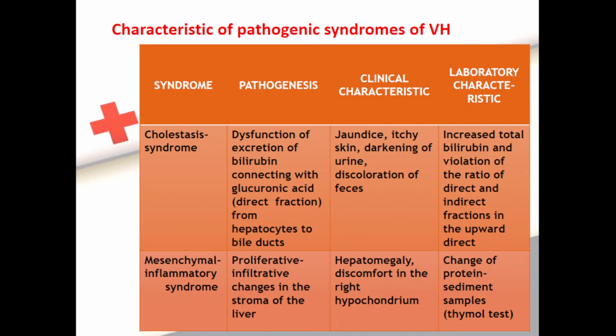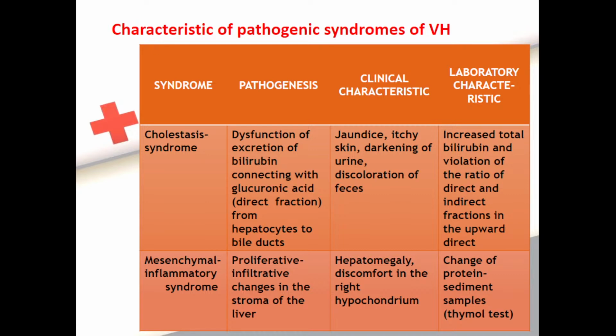it's similar, but in cholestasis, itchy skin is added. When you talk about jaundice, it's darkening of the urine, discoloration of feces, jaundice of sclera and skin, but itching may be present and may be absent.